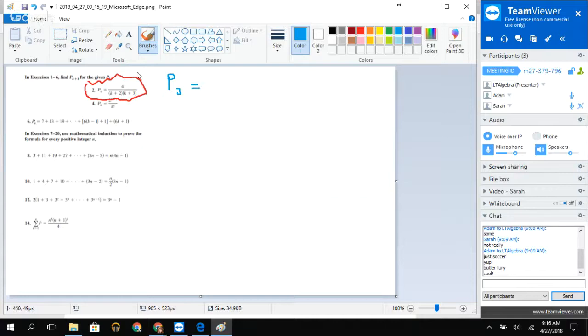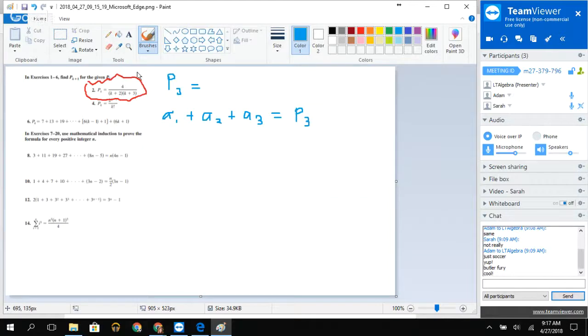So I wanted to find, if I add the first 3 terms up in my sequence, what does that equal? So I have my first term plus my second term plus my third term. What does that add up to? Well, that adds up to p sub 3.